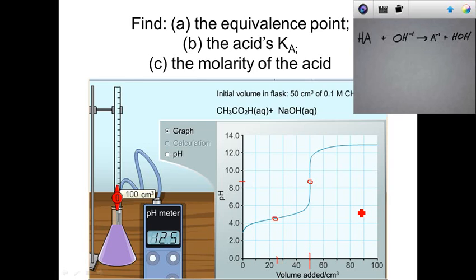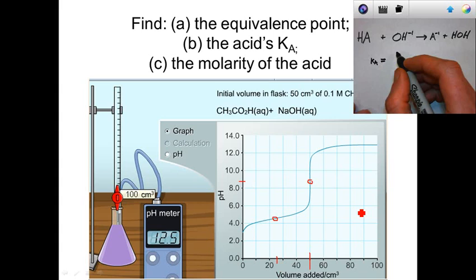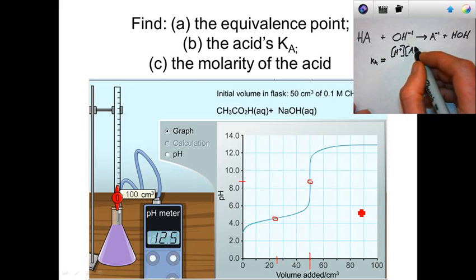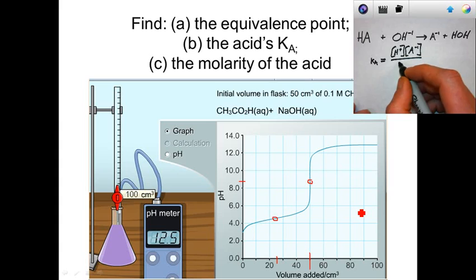At this point in the titration, the Ka is equal to the products of the equilibrium, which is H plus 1, A minus 1, over the reactants of HA.